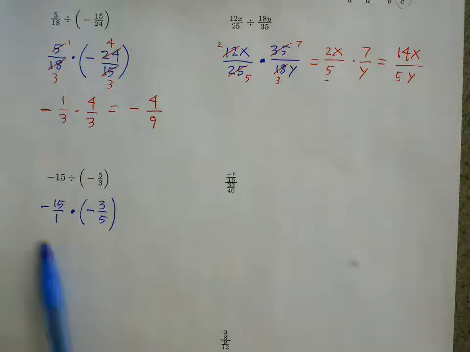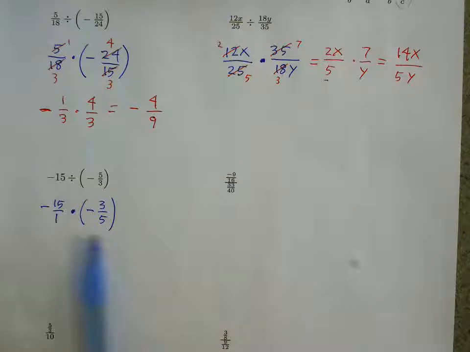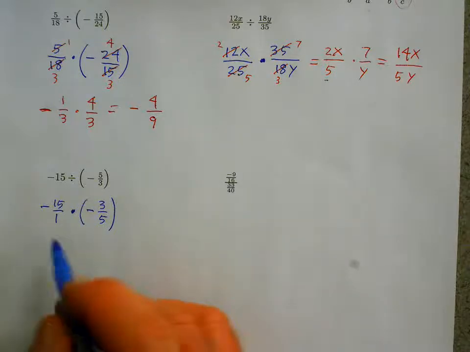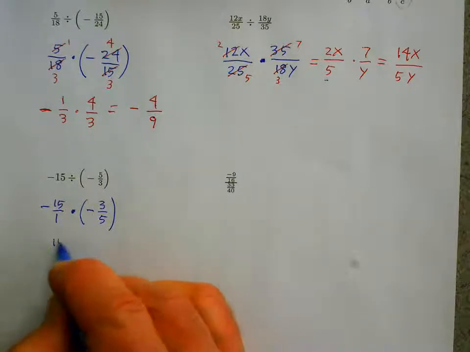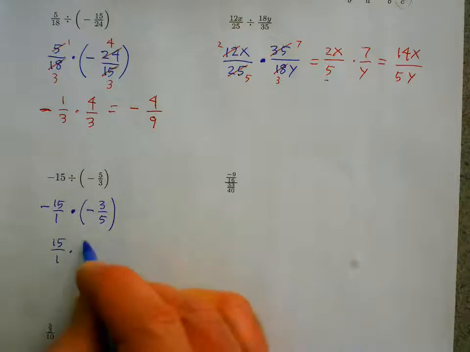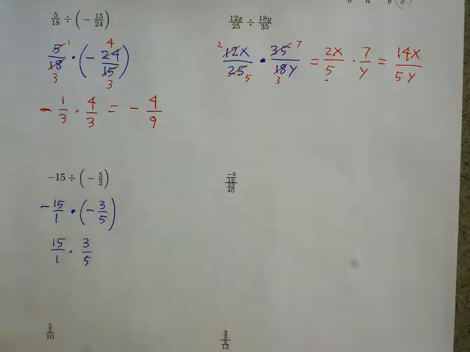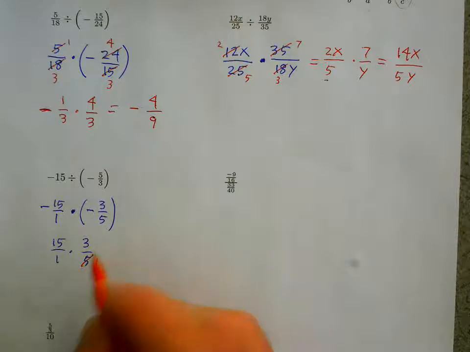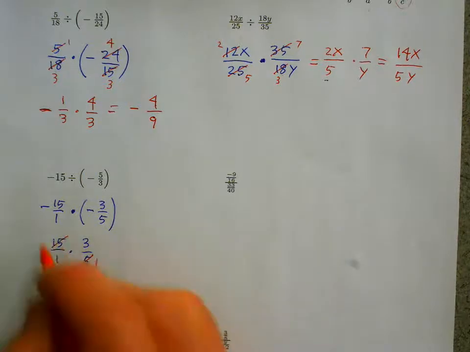Okay, so let's go ahead. A negative times a negative is a positive. Why don't we take care of that right now? So we have 15 over 1 times 3 over 5. And then we notice that 5 goes into 5 once, and 5 goes into 15 3 times.